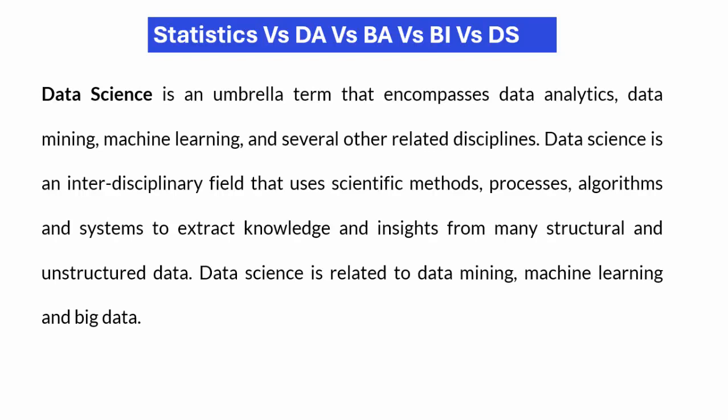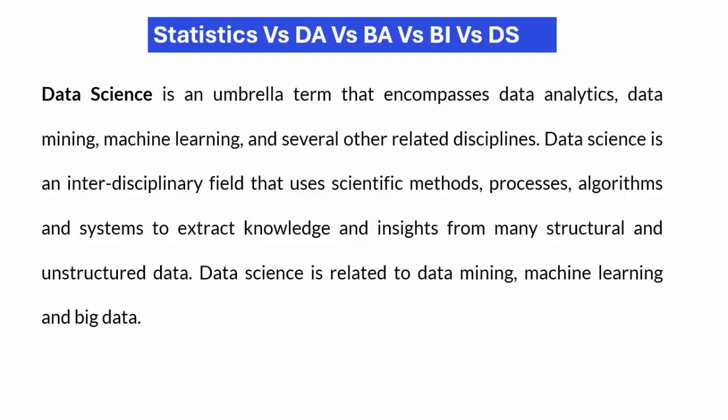Now the last term, which is data science. Whatever we have gone through up to now about the data analyst, the business analyst, the BI analyst, they are all subdomains of data science.